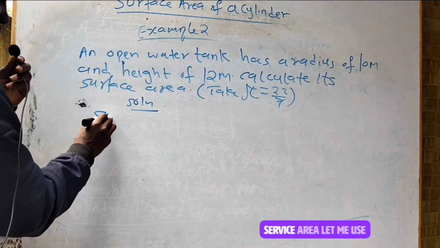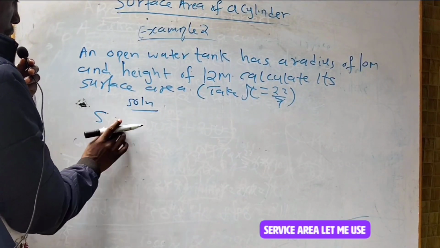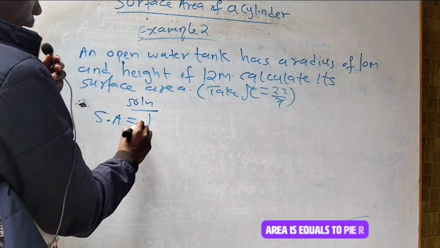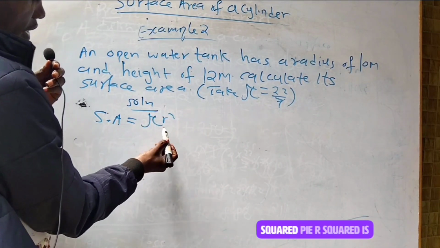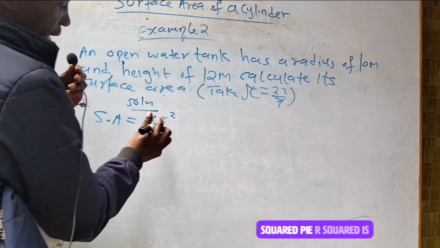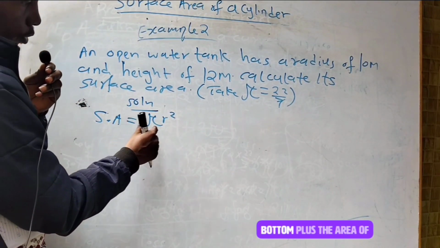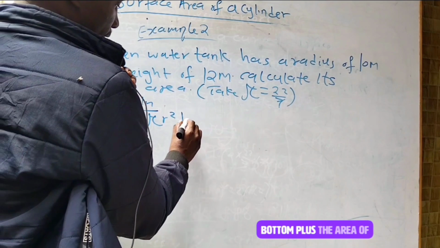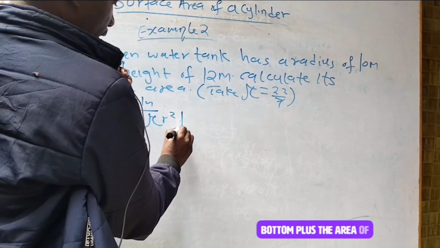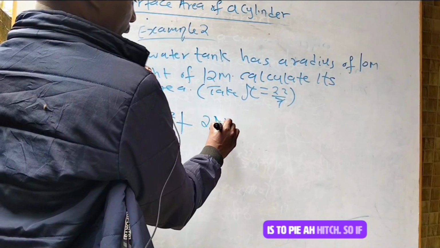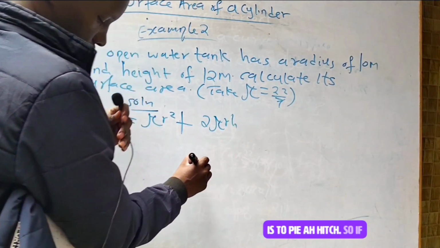Let me use SA to refer to surface area, which equals pi r squared, the area of one of the circles, that's the bottom, plus the area of the curved surface, 2 pi rh.